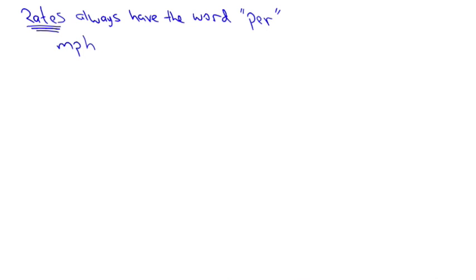Miles per gallon. You go to the gas station, it costs dollars per gallon. Another way of writing per is the fraction bar. So when you see fraction bars separating something, it's always read with per. Anything else?